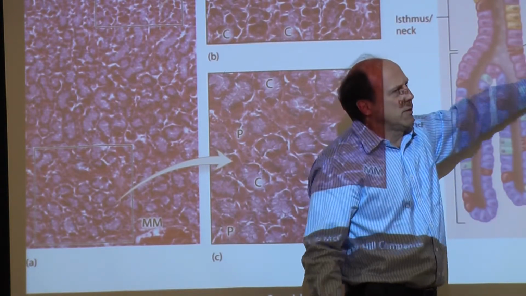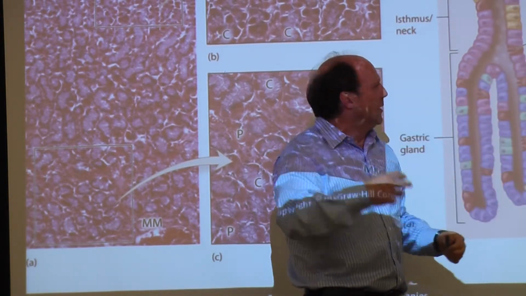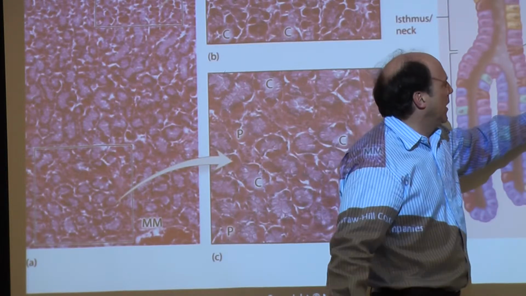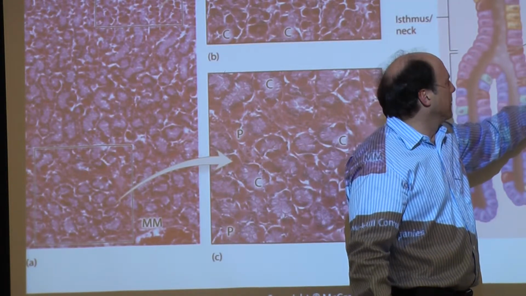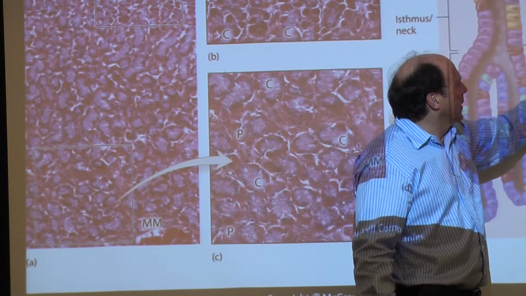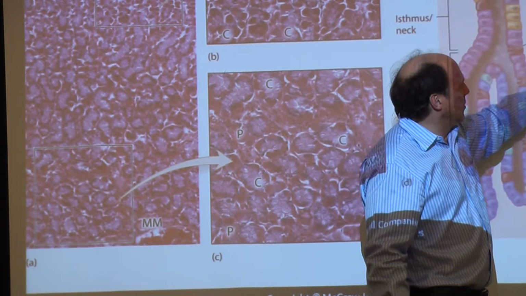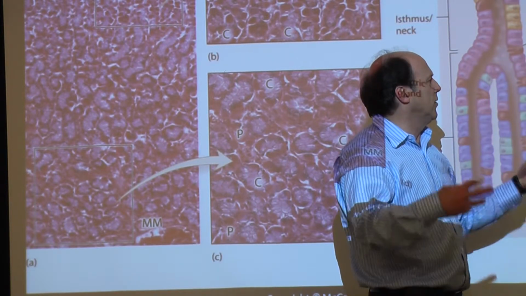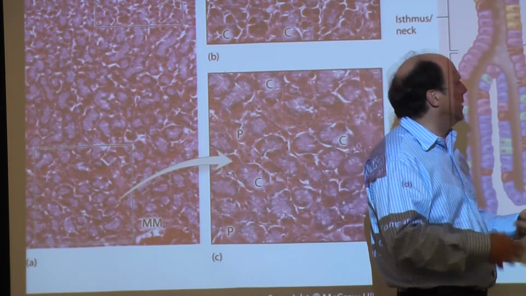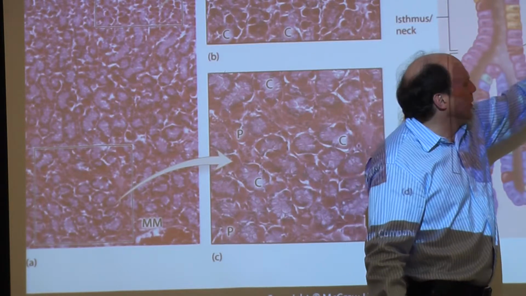And they made the hydrochloric acid, we said, using pumps. They can pump hydrogen ions across, and they use bicarbonate as an intermediate. They pump out hydrogen ions and chlorine ions, and together that makes HCl, so hydrochloric acid. So that's the parietal cell.